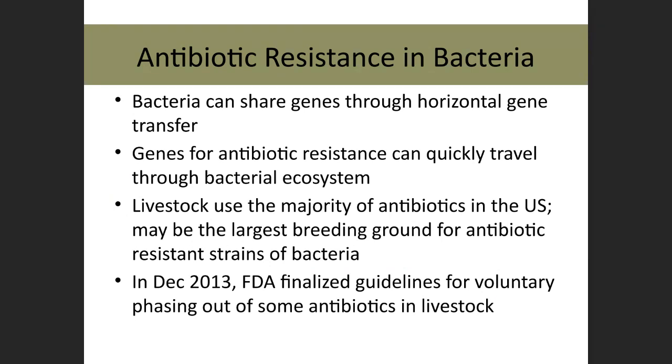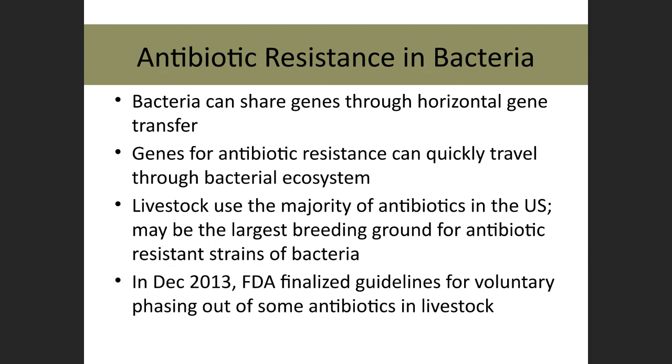One of them may have a mutant for antibiotic resistance, and it could just pass it on to a dangerous bacteria. So this is the problem with antibiotic resistance, is that if you get it in one bacteria, it could spread through, you know, a whole ecosystem of bacteria, not just the same species. So it can travel around.